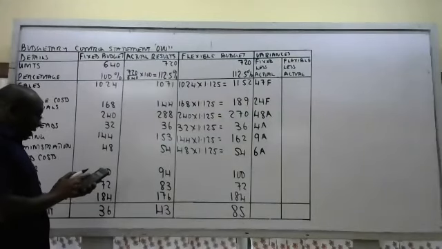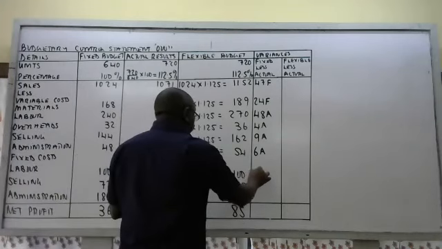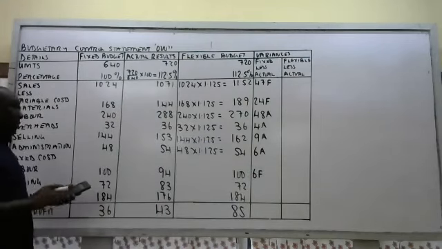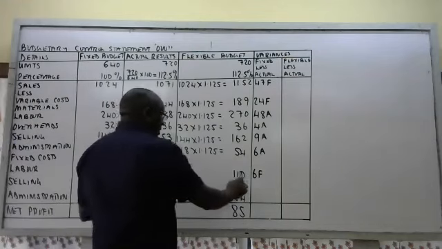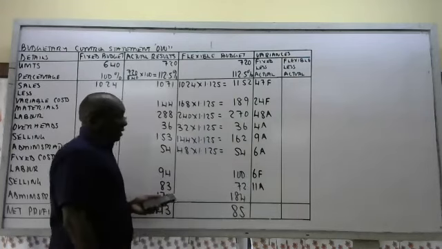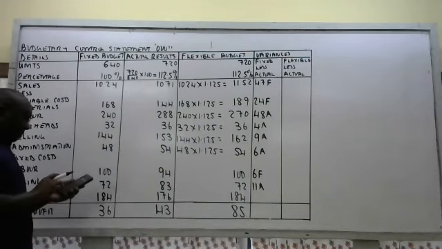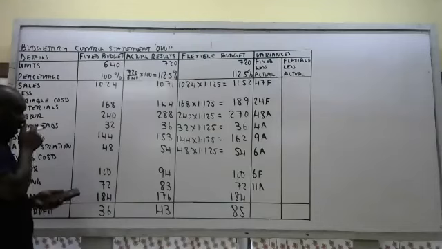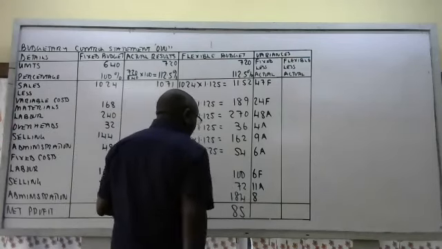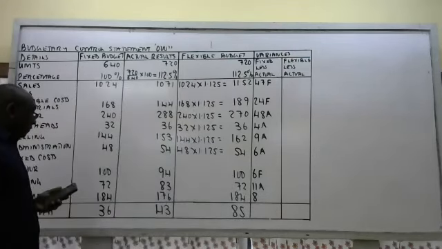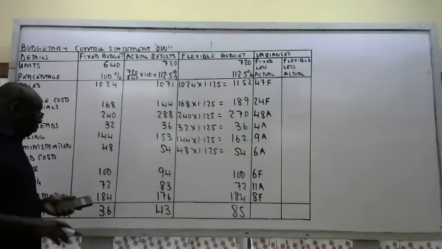This 100 minus 94 is 6, which is favorable because the actual is smaller. And then 72 minus 83 is 11, which is adverse because the actual is higher. 184 minus 176 is 8, and that one is favorable because the actual is smaller.